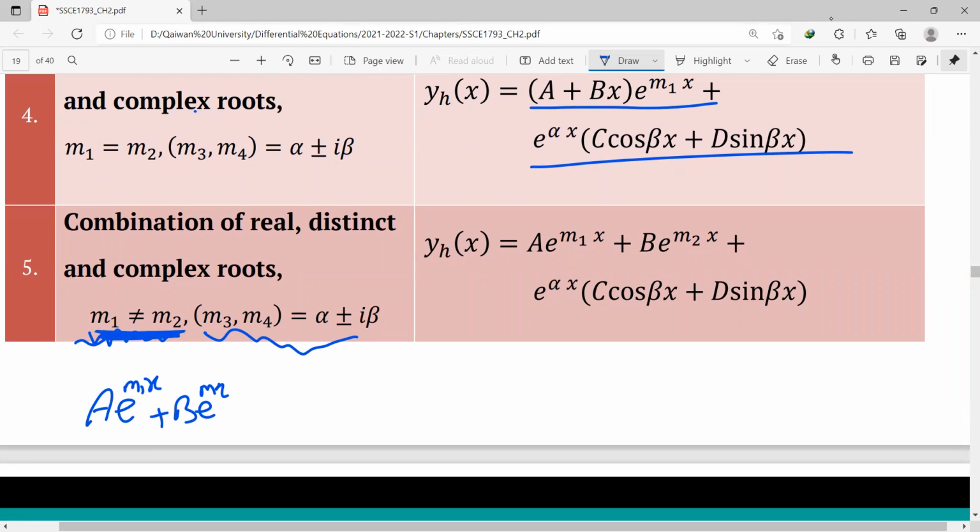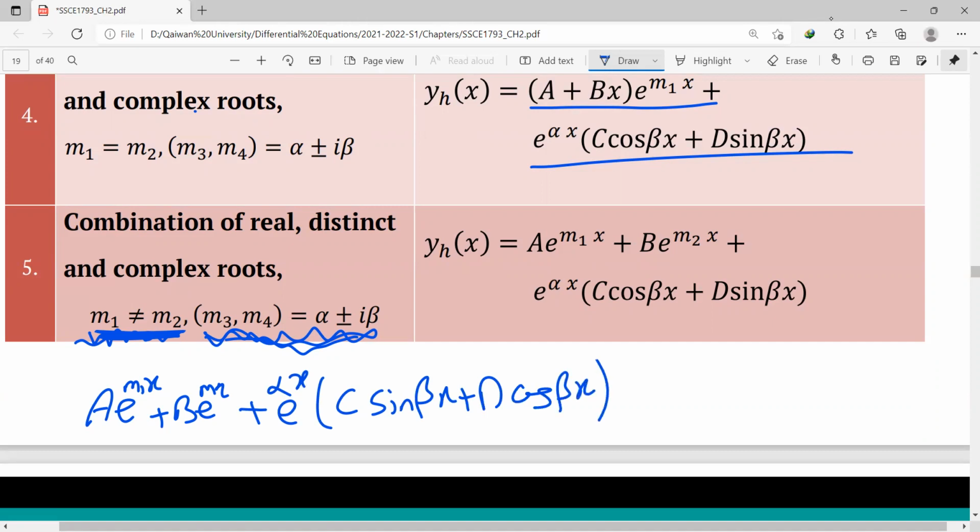Only if the roots are equal, then we add x. And here we have the complex one, plus e to the power alpha x times c sine beta x plus d cosine beta x. That's all.